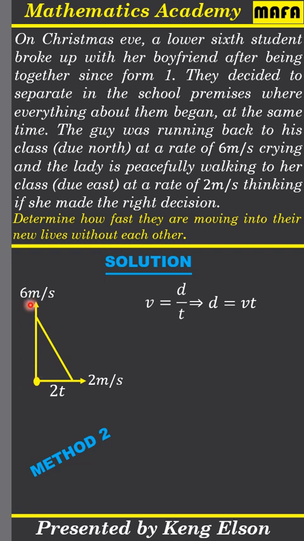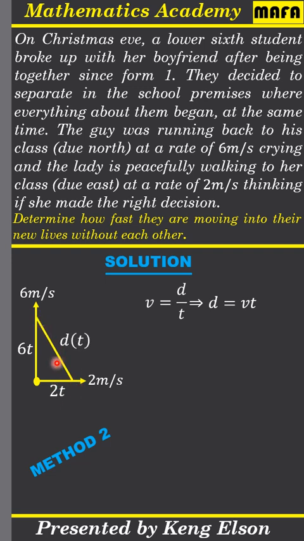The distance covered by the guy at time t is equal to 6 meters per second times t seconds, which will give us 6t. Now, the distance that is separating them is the square root of (6t) squared plus (2t) squared.